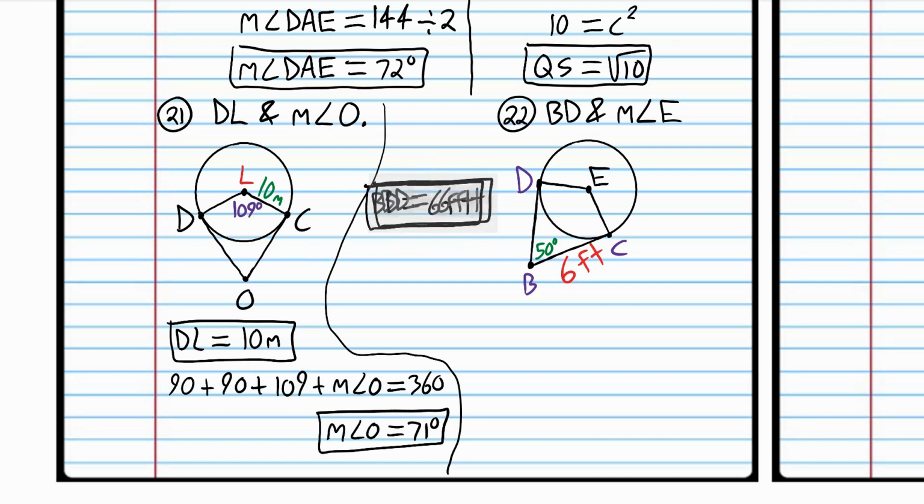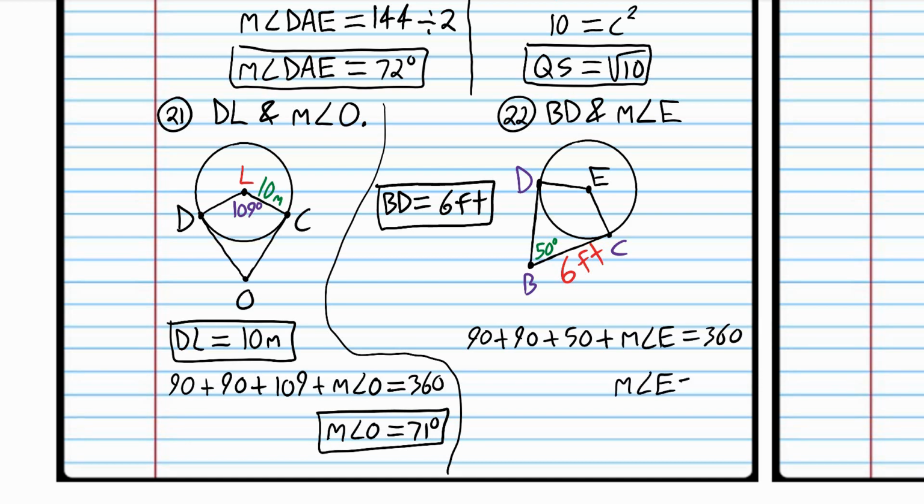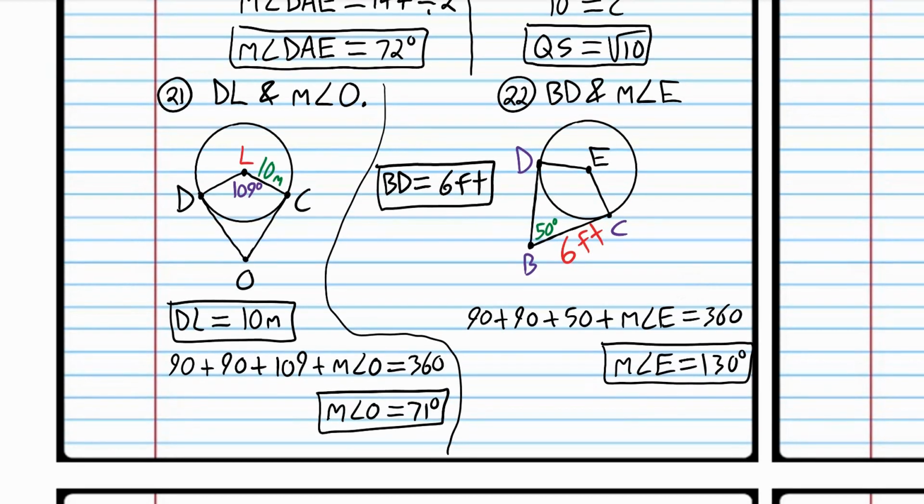And we just use the same polygon interior angles theorem to find the measure of angle E. So the measure of angle D plus the measure of angle C plus the measure of angle B plus the measure of angle E is equal to 360. Do all the math on that, and we get the measure of angle E is equal to 130 degrees. So if you got those answers, good job.